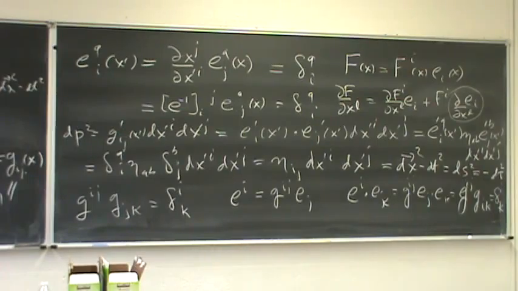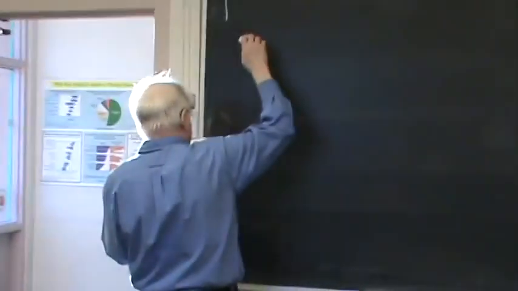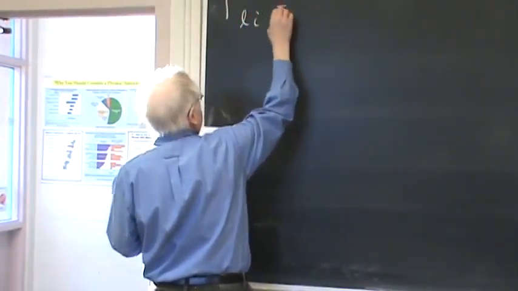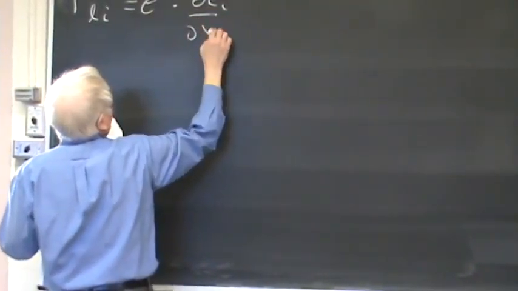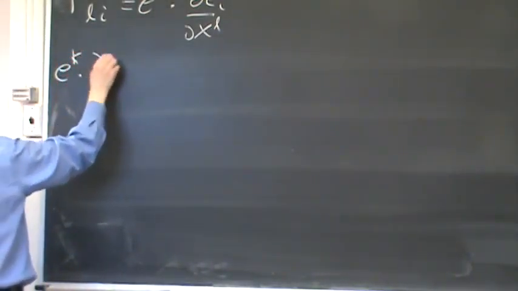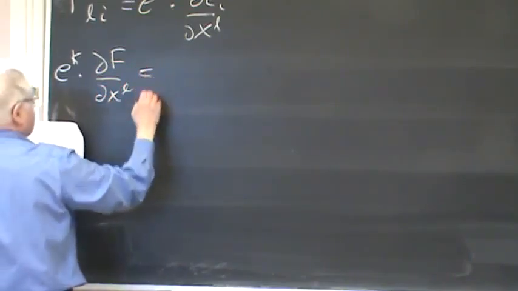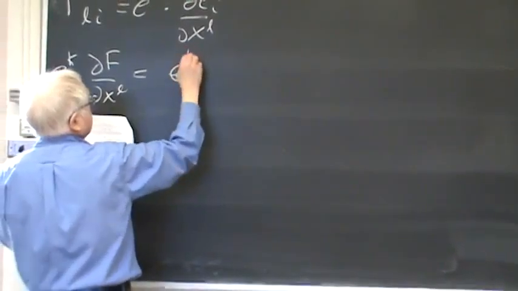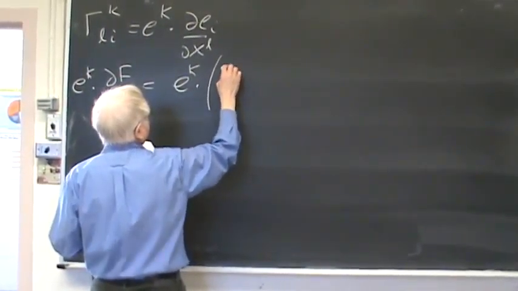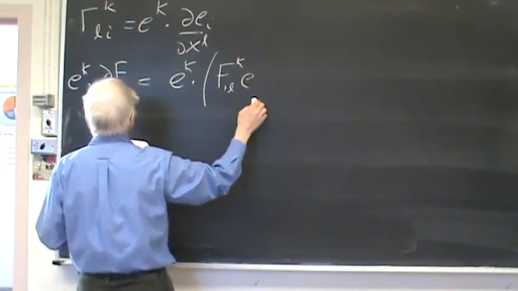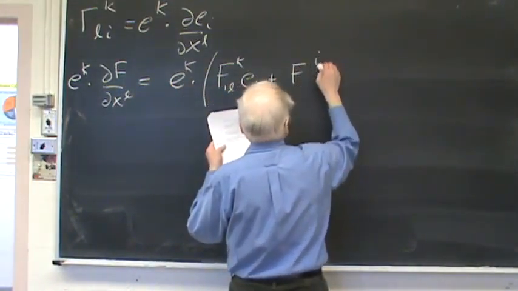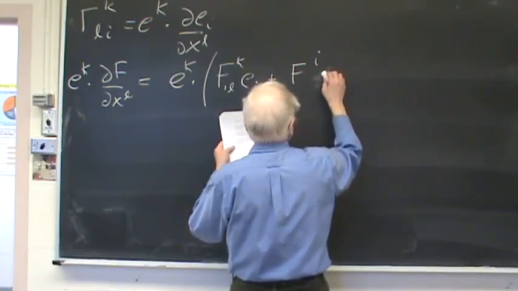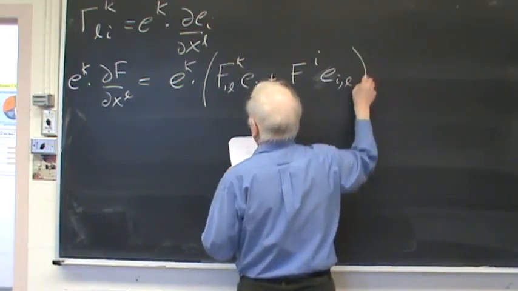And so in fact, if we define this Levi-Civita connection as the following: e^k dot partial e_i partial x^l, then we can say that e^k dot partial F partial x^l is going to be e^k dot, and now we're going to have, let me just write this as F^k comma l, e_i plus F^i e_i comma l.